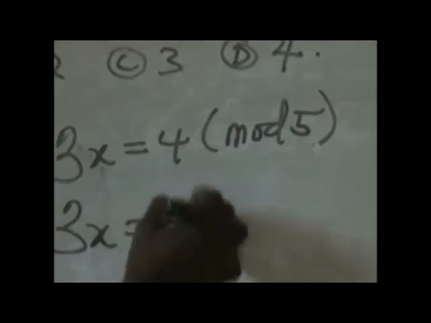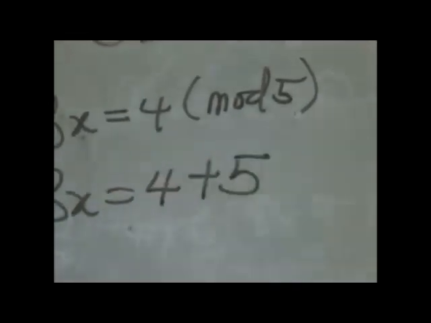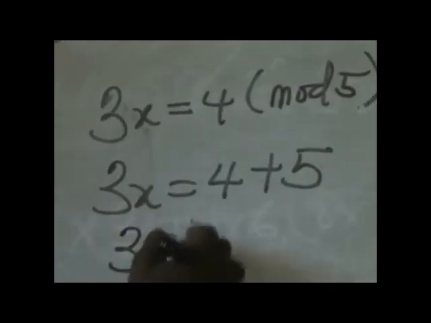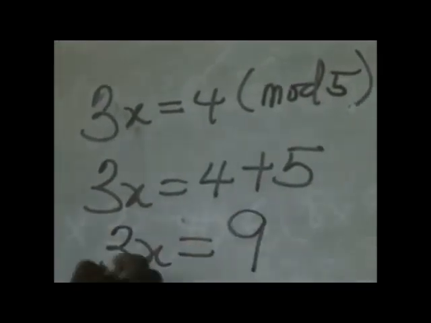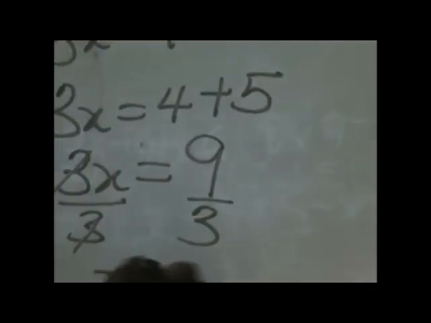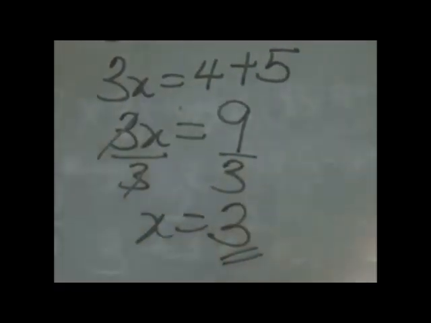You add up, it becomes 3x equal to 4 plus 5, such that this 3 can divide without a remainder. It becomes 3x equal to 9. So you divide both sides by 3, x equal to 3. Alright? So go and learn more on modular arithmetic. So the answer to this question is option C.